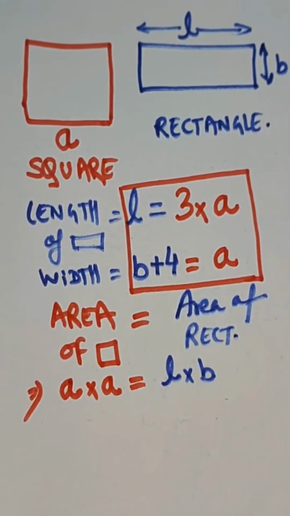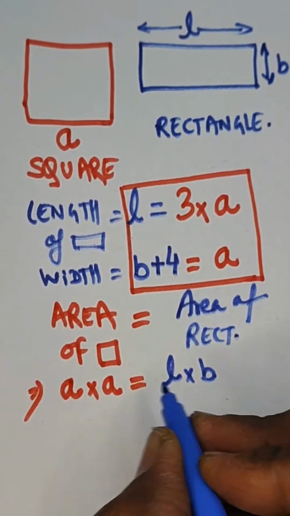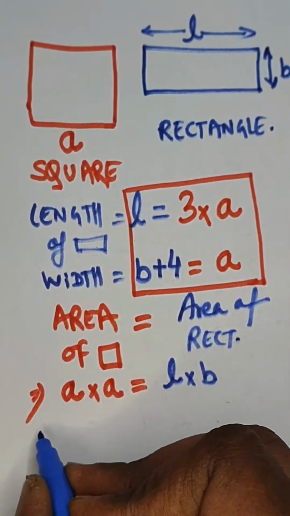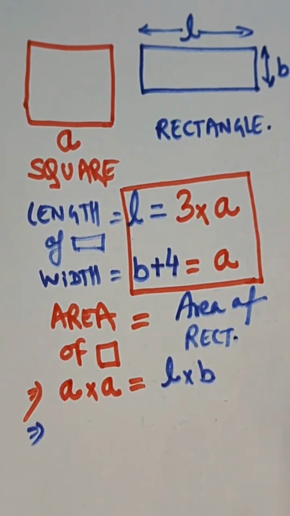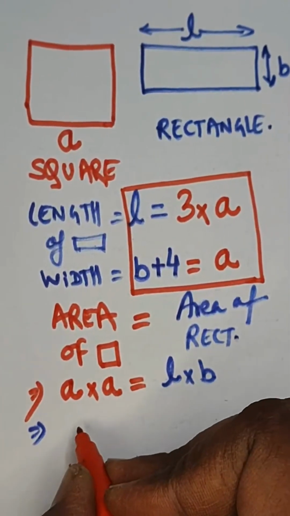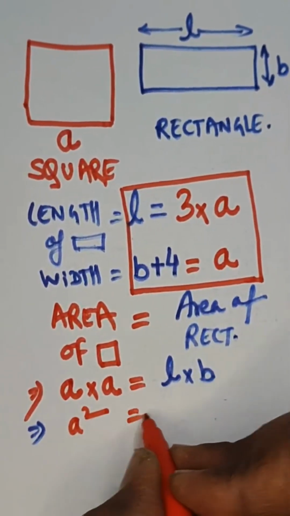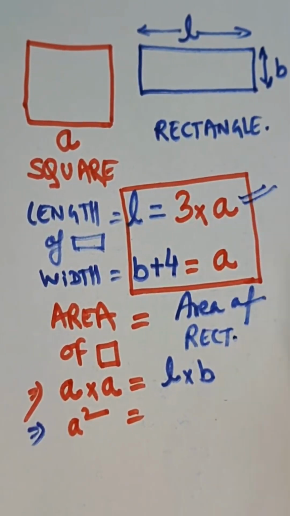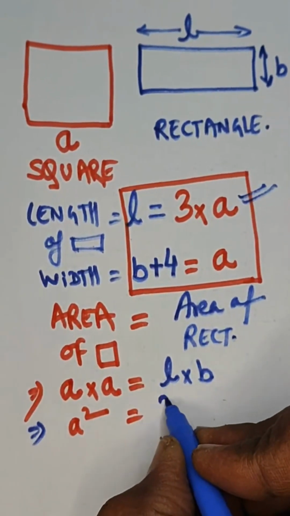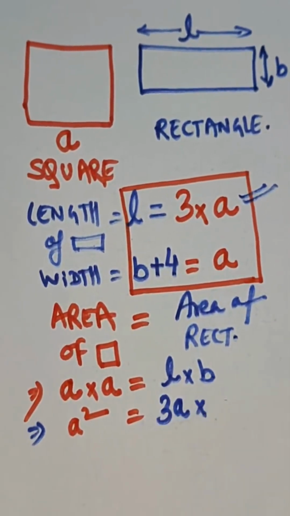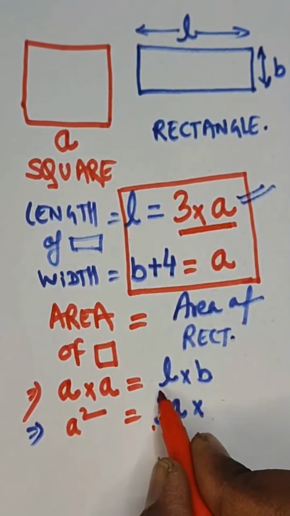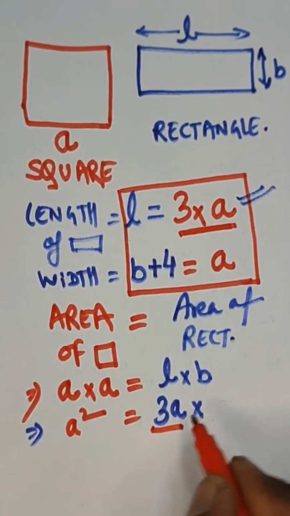My dear friends, just keep only one variable, because here we have three variables, A, L and B. So just multiply A into A, it will become A square, and on the RHS, instead of L, put the value 3A, since L equal to 3A.